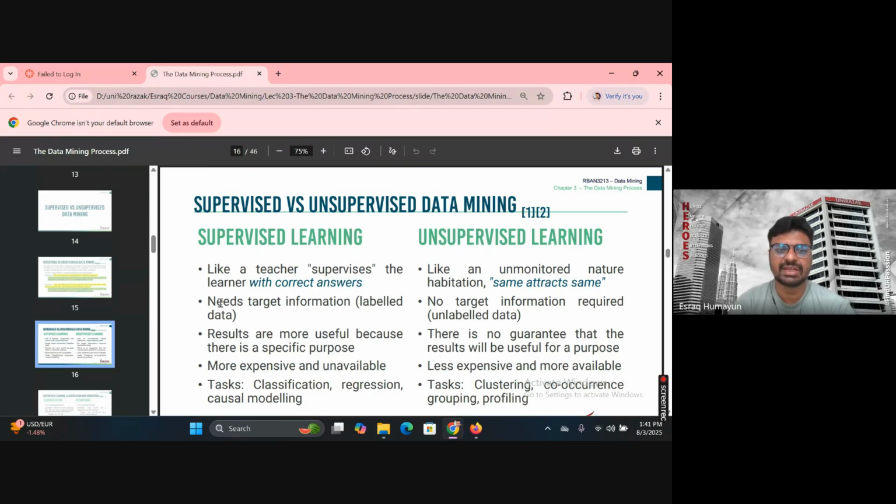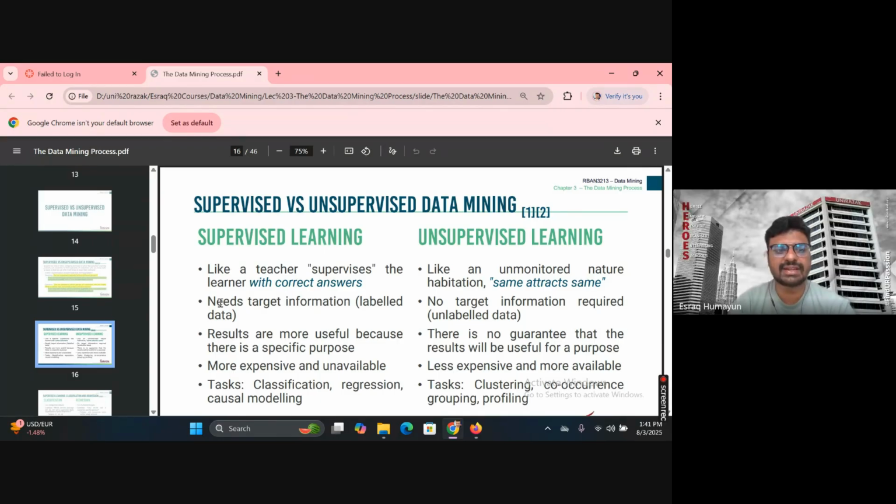For supervised, results are more useful because there is a specific purpose. For unsupervised learning, there is no guarantee that the result will be useful for a purpose. Supervised learning is more expensive and less available; unsupervised is less expensive and more available. Tasks for supervised: classification, regression, causal modeling. Tasks for unsupervised: clustering, co-occurrence grouping, and profiling.